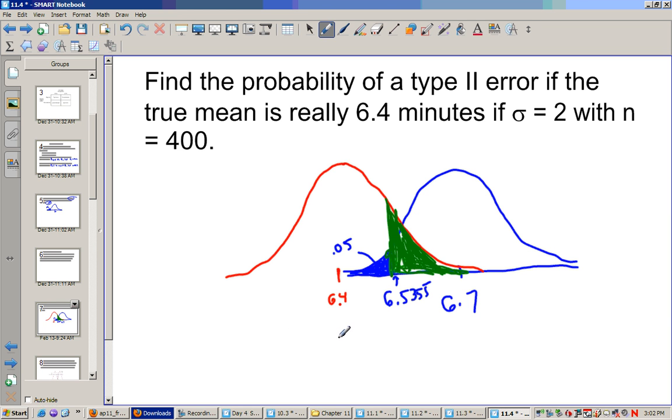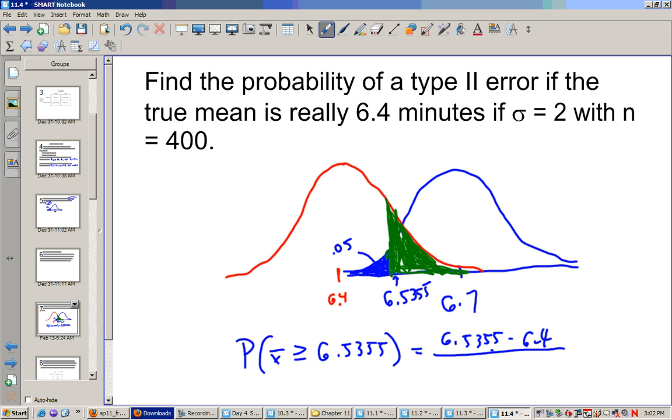Alright, so now to find this green probability, I want to find the probability that the mean is greater than 6.5355 when the mean is 6.4. So we do our mean, 6.5355, minus this mean of 6.4, and divide it by our standard deviation of 2 over the square root of 400.